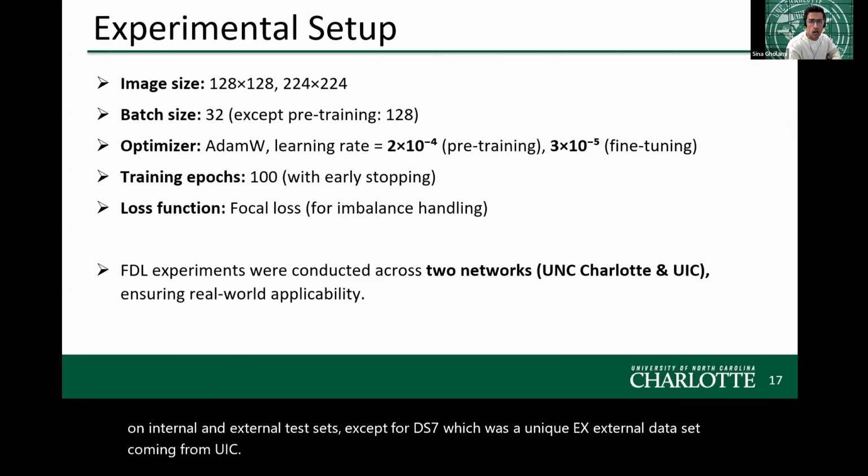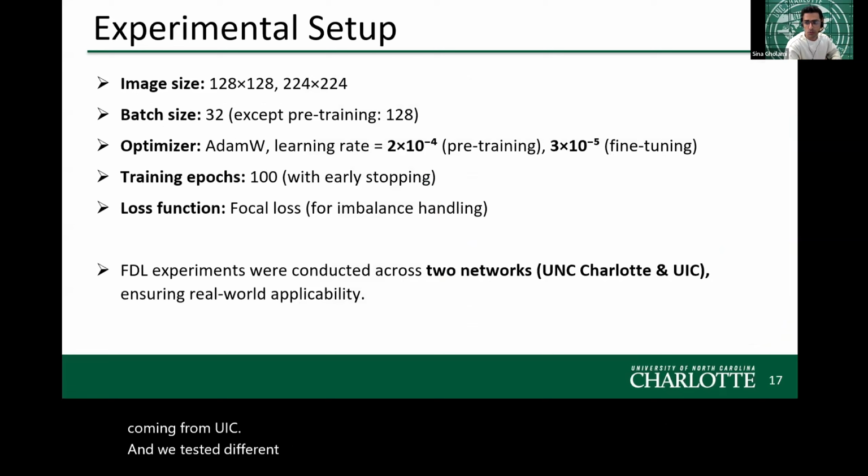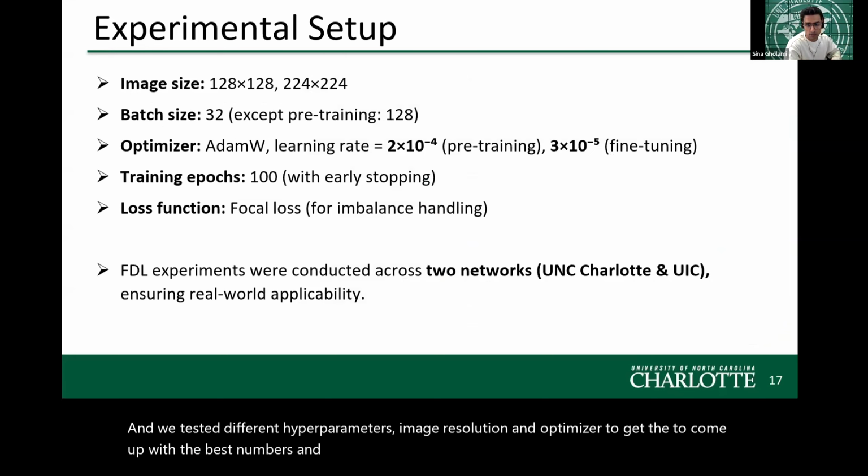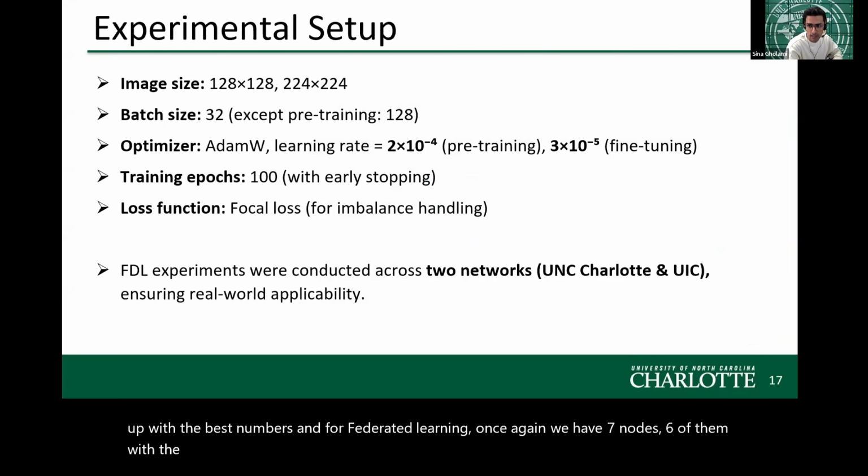We tested different hyperparameters, image resolutions, and optimizers to come up with the best numbers. And for federated learning, once again, we have 7 nodes, 6 of them with the server at UNCC, sorry, and 1 of them at UIC.